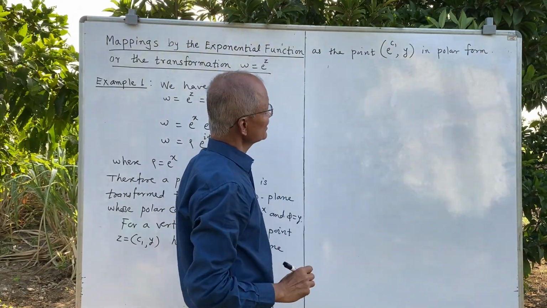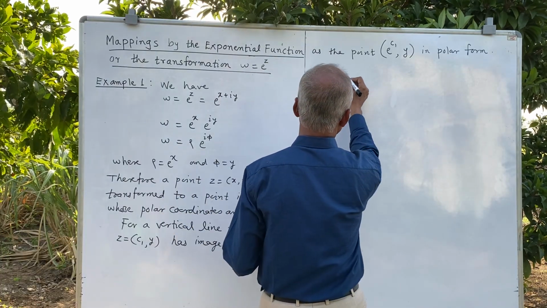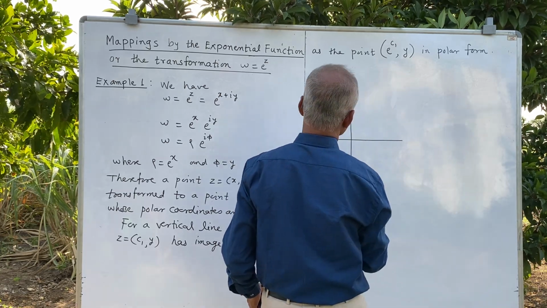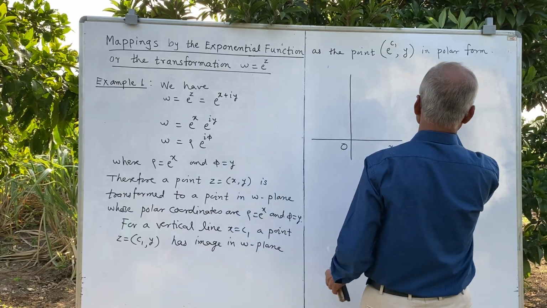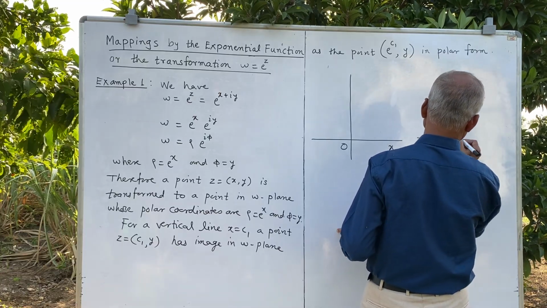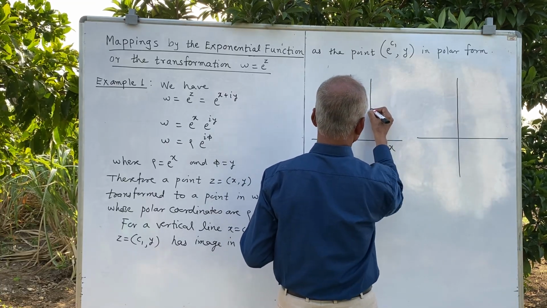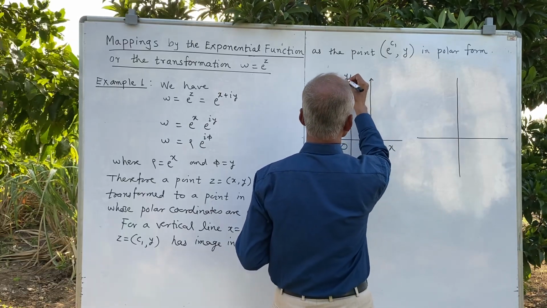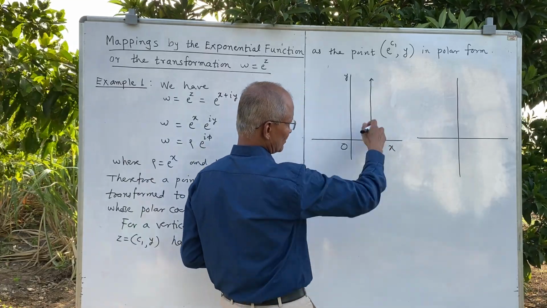And similarly we shall show this in a diagram considering z plane and w plane separately. See, this is z plane, and this is w plane, and x is equal to c1 is this line. This point is c1, and y varies from minus infinity to plus infinity.